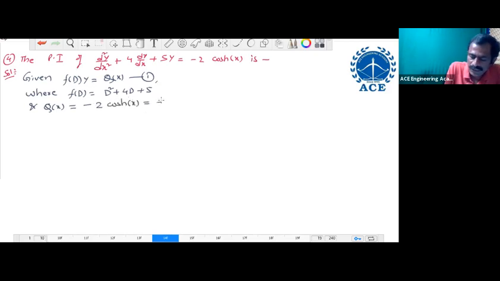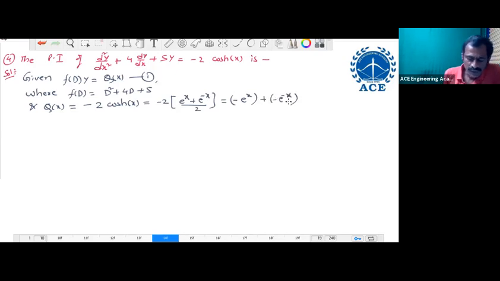First, we should express the hyperbolic function in terms of exponential. Minus 2 into cos hyperbolic in terms of exponential is e power x plus e power minus x by 2. And after simplification, this will be minus e power x plus minus e power minus x.